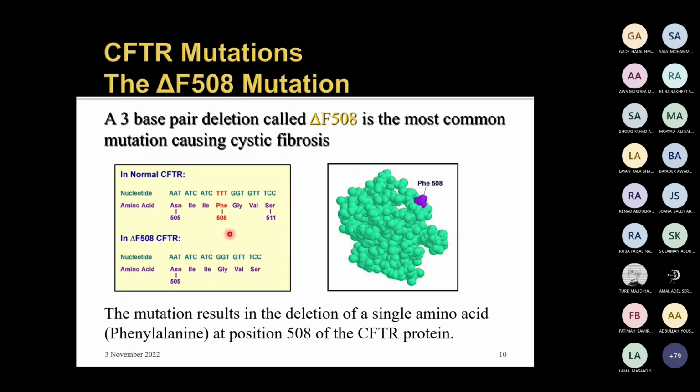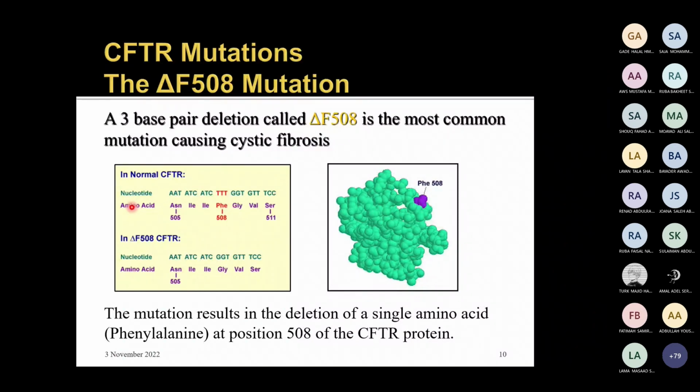The base pair deletion is mostly delta F508. Delta means deletion, F is for phenylalanine, and 508 is the position of this amino acid in the resulting amino acid sequence.